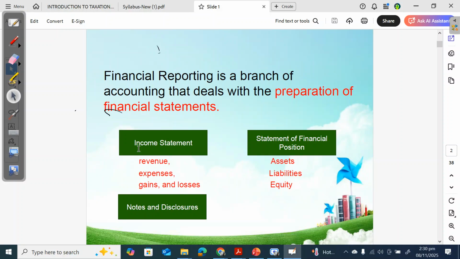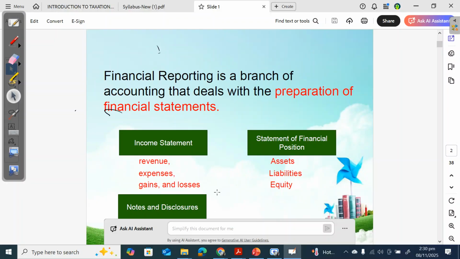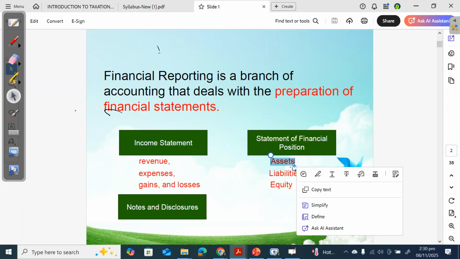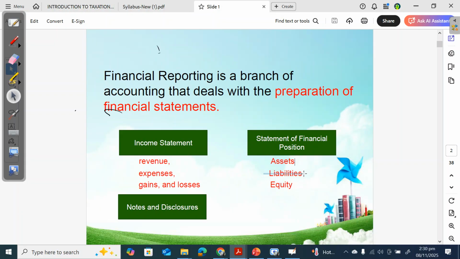So the revenue for the year, your expenses for the year, your gains and losses, they all fall under the income statement. Then we have your statement of financial position. This talks about your assets, your liabilities, your equity.